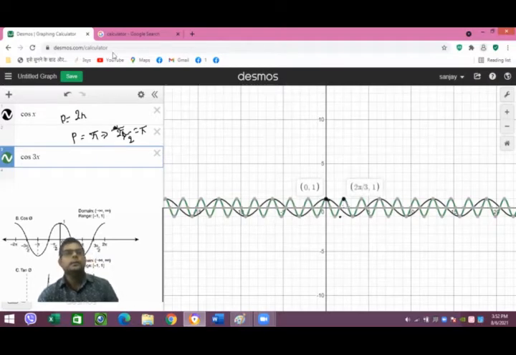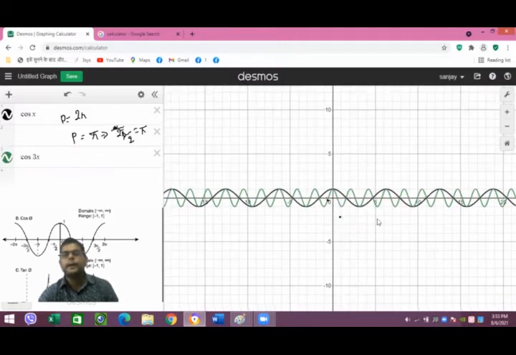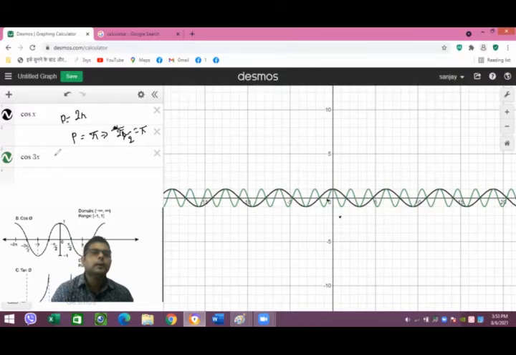So the period of cos x is 2 pi, then the period of cos 3x is 2 pi by 3, because you can see that from here, and also from minimum to minimum, if you check, it is pi by 3, and then this is pi. So the difference of pi and pi by 3 is again 2 pi by 3. So in this case, the period for cos is now 2 pi by 3.